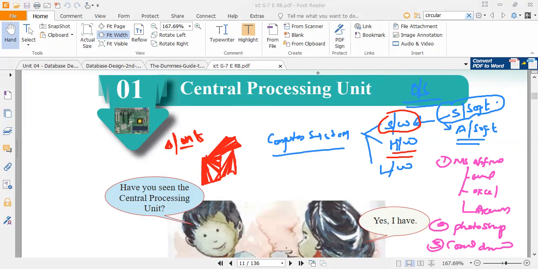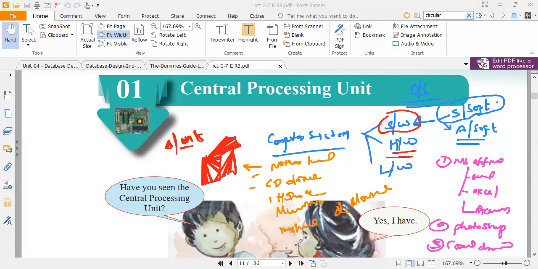Inside you can find the motherboard, then you can see CD drive, hard disk, and even monitor, keyboard, mouse, right?